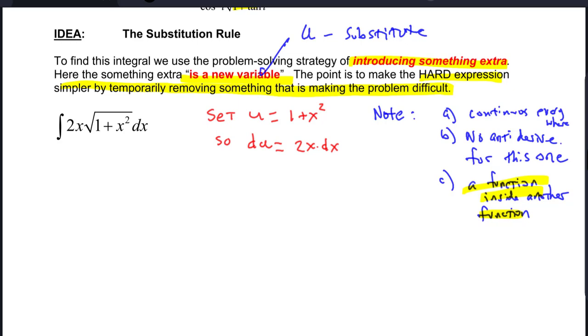I'm thinking, all right, let's take this part out. And this makes the integral change. Now I hope, I don't know for sure, but I hope the change is going to make things better. And it doesn't always make it better. Sometimes you have to be creative on what you choose to be your u quantity.